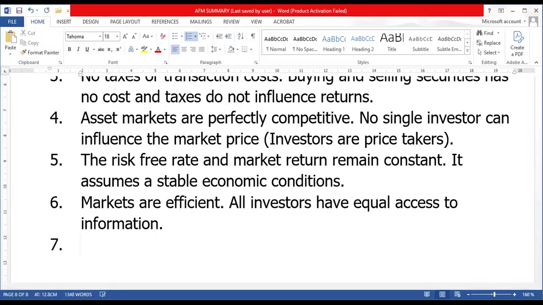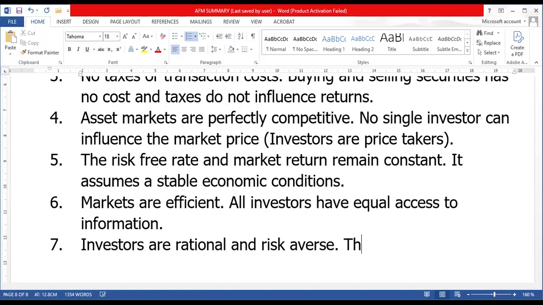Okay. Then lastly, the last point here, we assume that investors are rational and risk averse. What do we mean here? They prefer less risk for a given return.